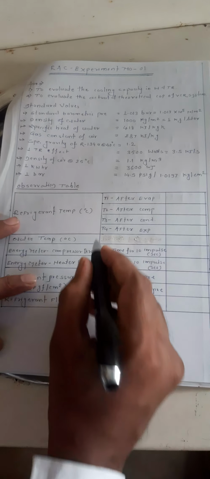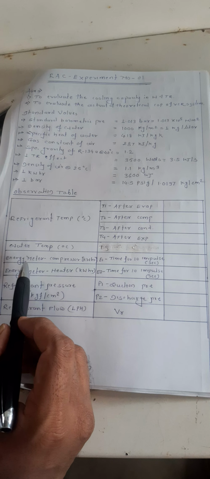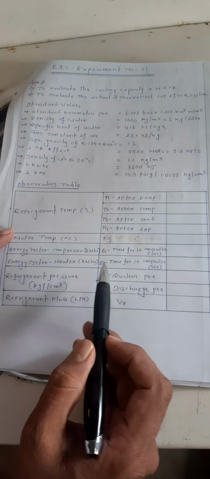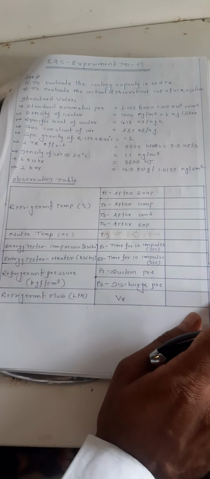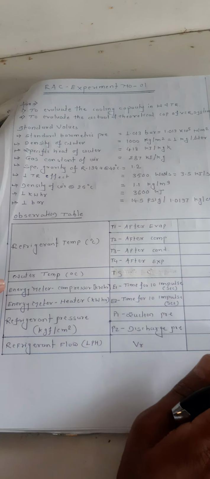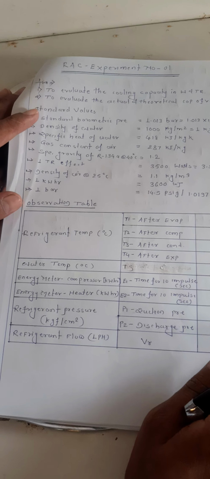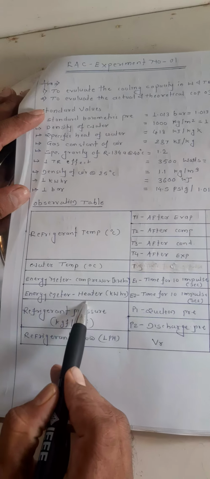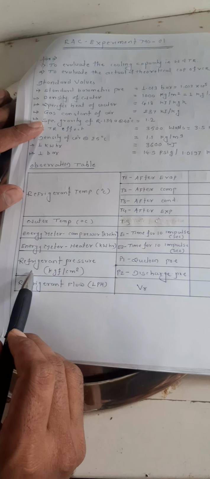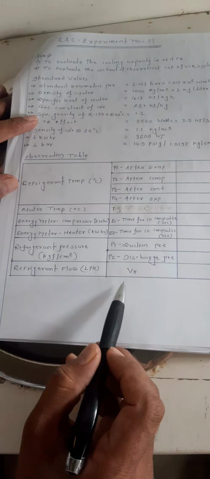Then the energy meter for the compressor, that is how much time is required for 10 impulses, we are going to calculate for the compressor and for the heater also. Then refrigerant pressure for suction as well as discharge, and refrigerant flow rate.